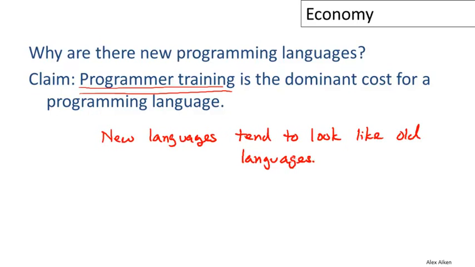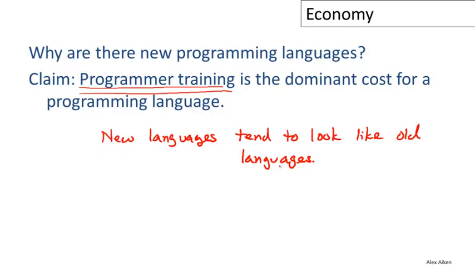That is that new languages are rarely, if ever, completely new. They have a family resemblance to some predecessor language, sometimes a number of predecessor languages. And why is that? Well, partly that it's hard to think of truly new things, but also I think that there's an economic benefit to this. Namely, that it reduces the training cost.